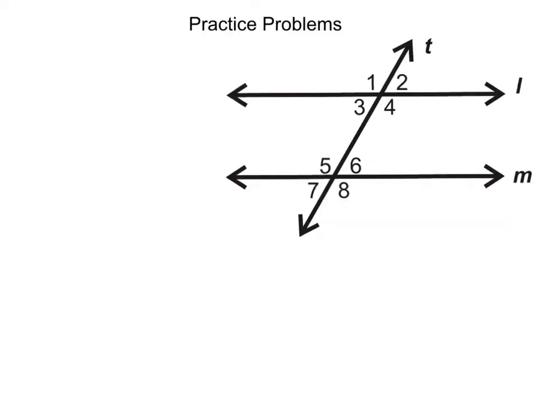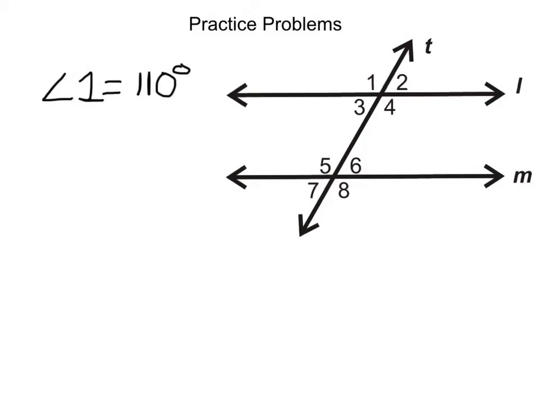So here we have our figure once again with line T intersecting the parallel lines L and M. And what I'm going to do is this. Let's start off by saying that angle 1 is equal to, let's say 110 degrees. Okay? So angle 1 is equal to 110 degrees.